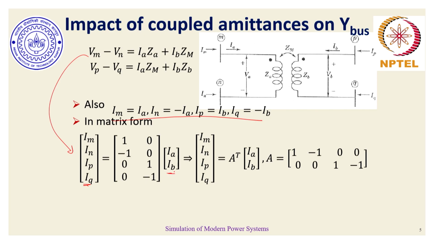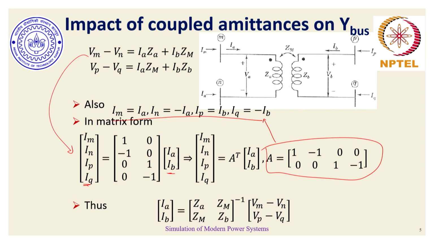So, we define this A matrix which transforms between bus currents and line (branch) currents, and if we substitute IA, IB with the inverse of the Z matrix present over here and the Vm minus Vn, Vp minus Vq part, and multiply by A transpose on both sides, then essentially we have Im, In, Ip, Iq, which are the bus currents.